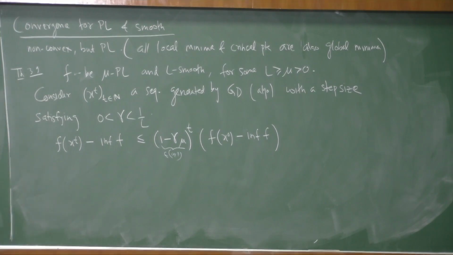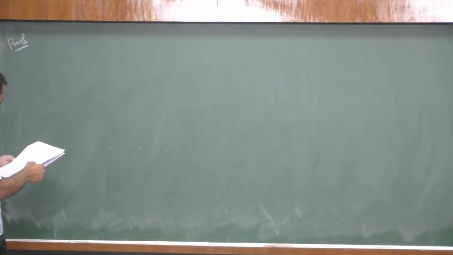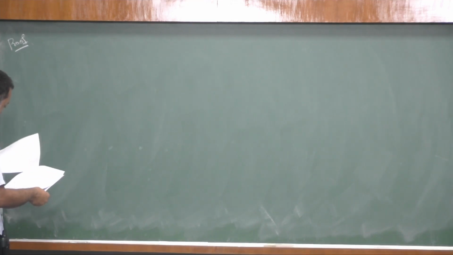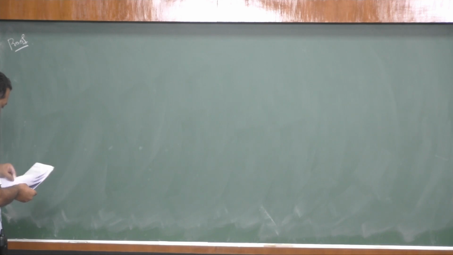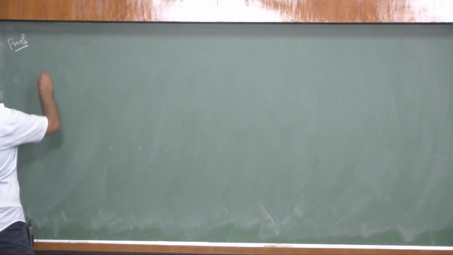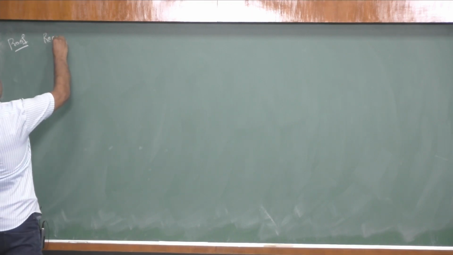So let us try to prove this. We are supposed to use Lemma 2.25 together with the update rule. Let us recall 2.25. That's the smoothness basically for a differentiable function.